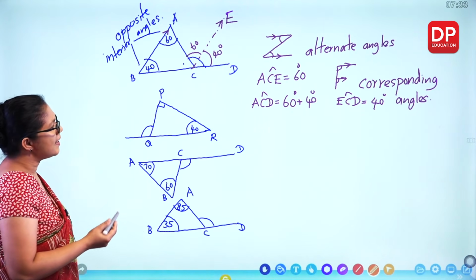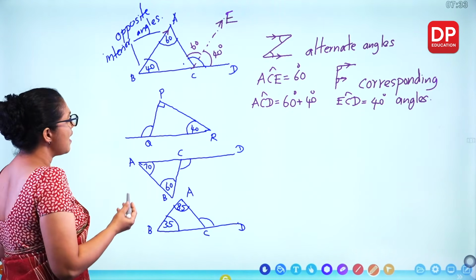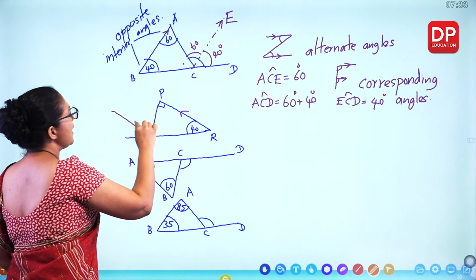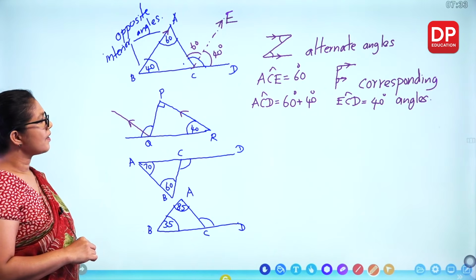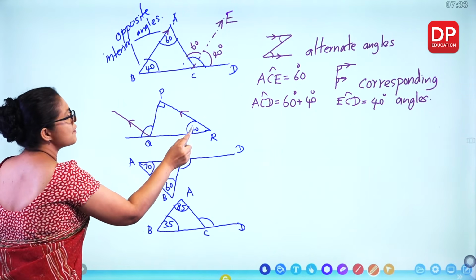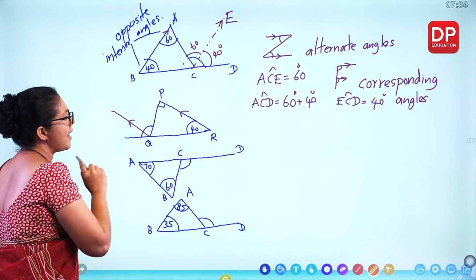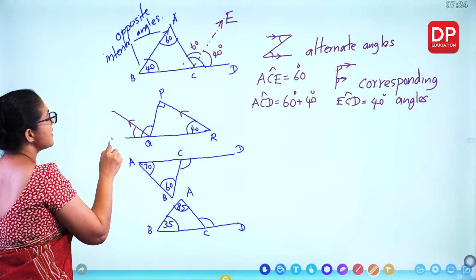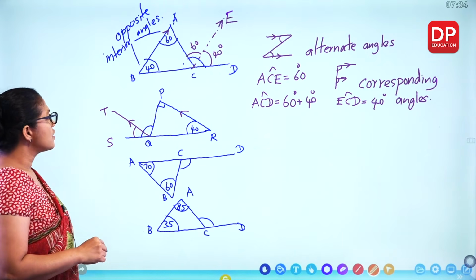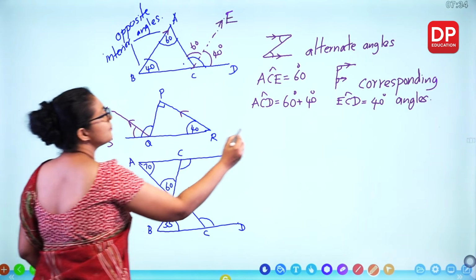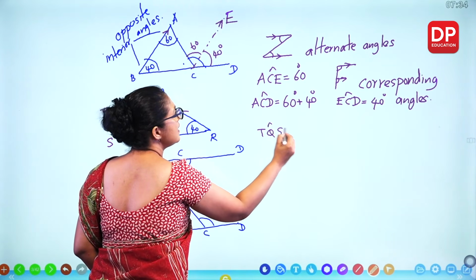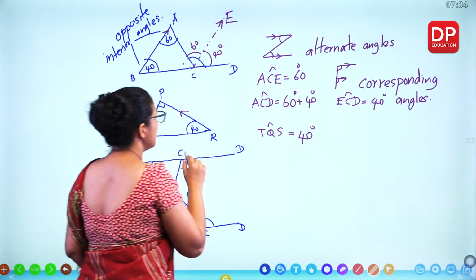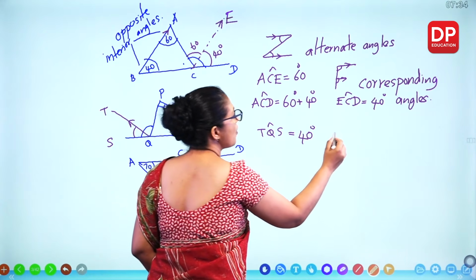Now we'll take this one and try to find out a relationship. There I can construct a line parallel to PR. Then what happens? This angle PRQ is the same as this angle. If I say this is S and T, so angle TQS is 40 because that's corresponding angles.